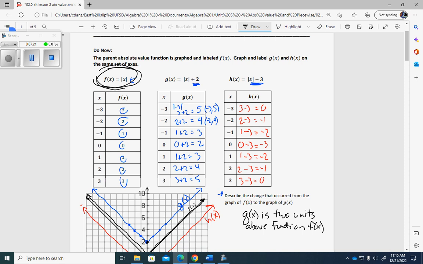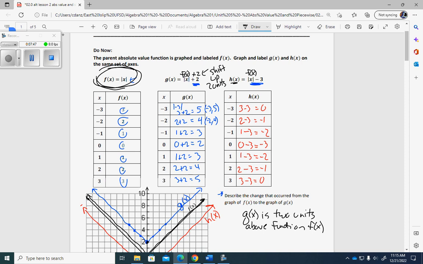g of x was function f, right? This absolute value of x is function f. It just has a plus 2 at the end. This plus 2 makes it shift up 2 units. And you can see that function h really is function f again, right?